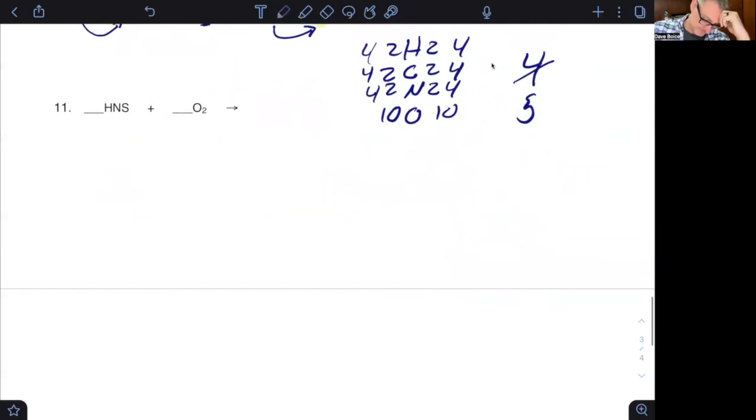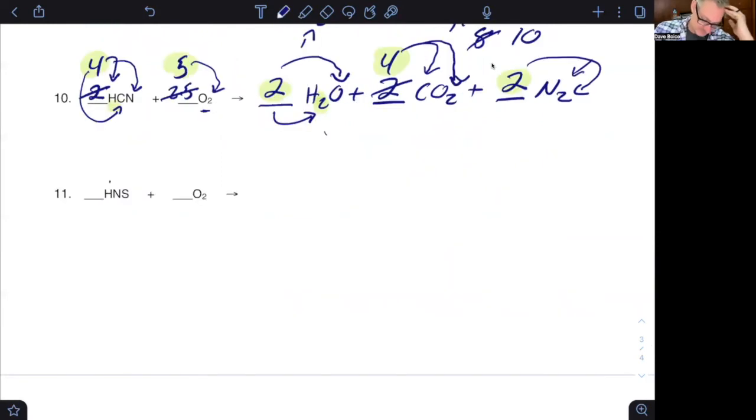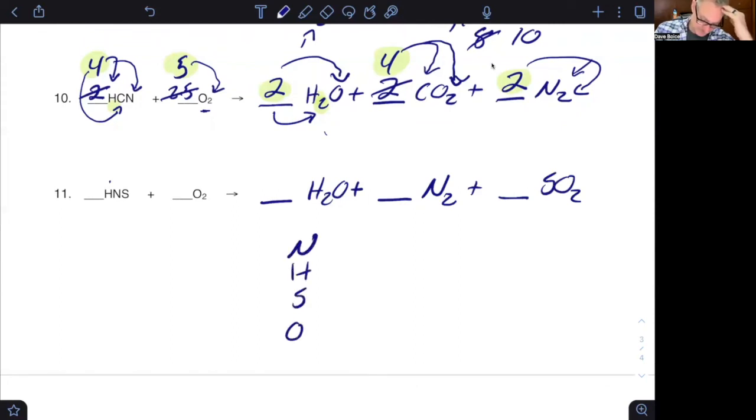Last one. All right, so we know hydrogen is going to make water. We know nitrogen is going to make nitrogen gas, or N2. And then the sulfur is going to form SO2. N, H, S, O. Nitrogen, I've got 1 on this side and 2 here.